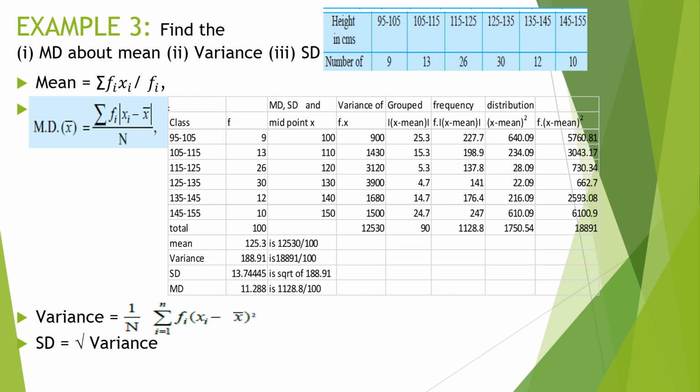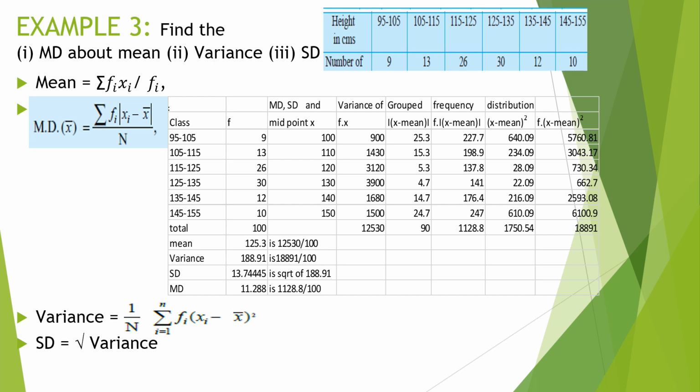Next we find the variance. The variance formula is 1 upon n, sigma fi into (xi minus x bar) whole square. You have already found xi minus x bar, so just square it. For the first observation, it is 25.3 square, which is 640.09, and so on. That is your (xi minus x bar) square.